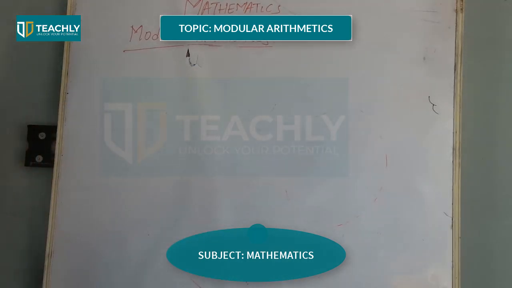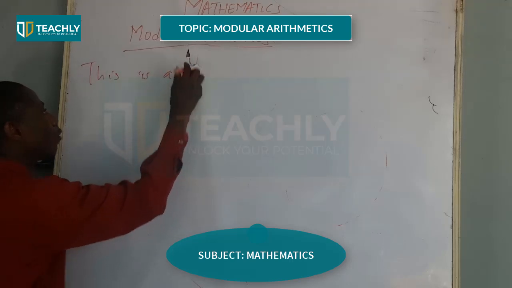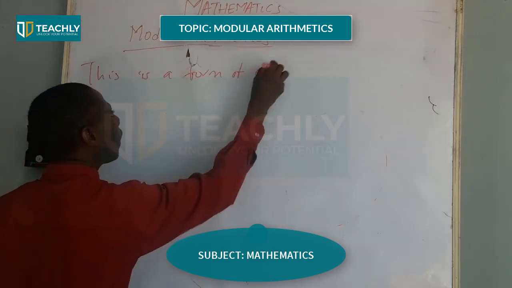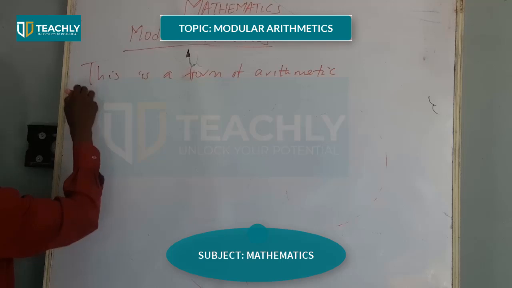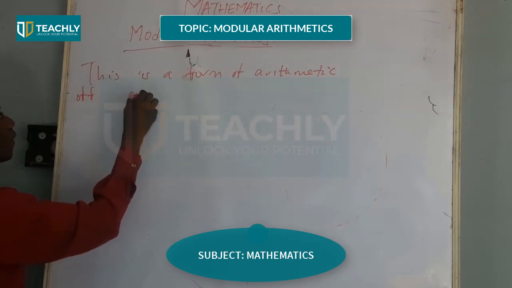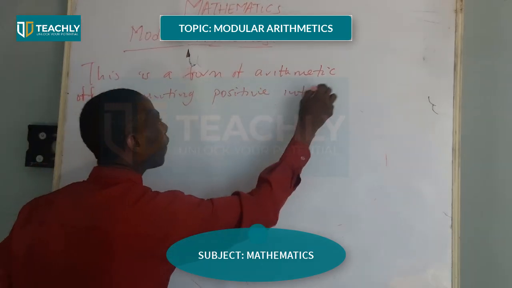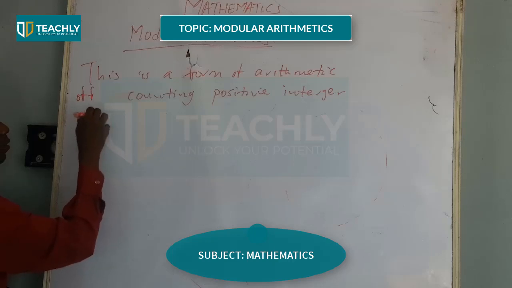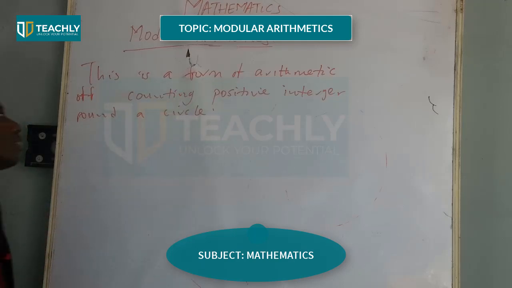Modular arithmetic is a form of arithmetic of counting positive integers round a circle, with concentration on the remainder.